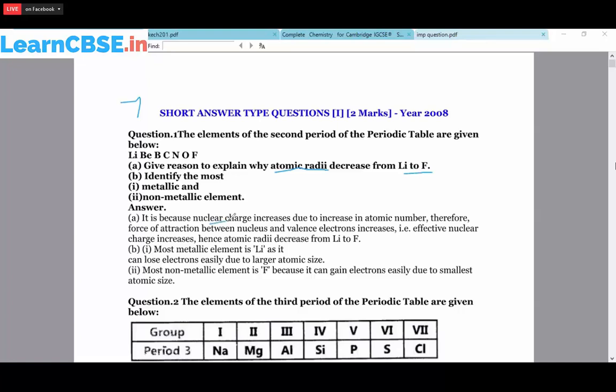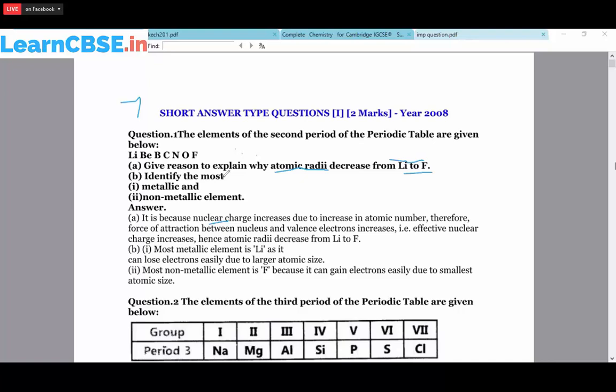So what is meant by nuclear charge? The number of protons present in the nucleus increases due to the increase in the atomic number. For example, lithium has atomic number 3 and beryllium has 4. So lithium has 3 protons and beryllium has 4 protons.